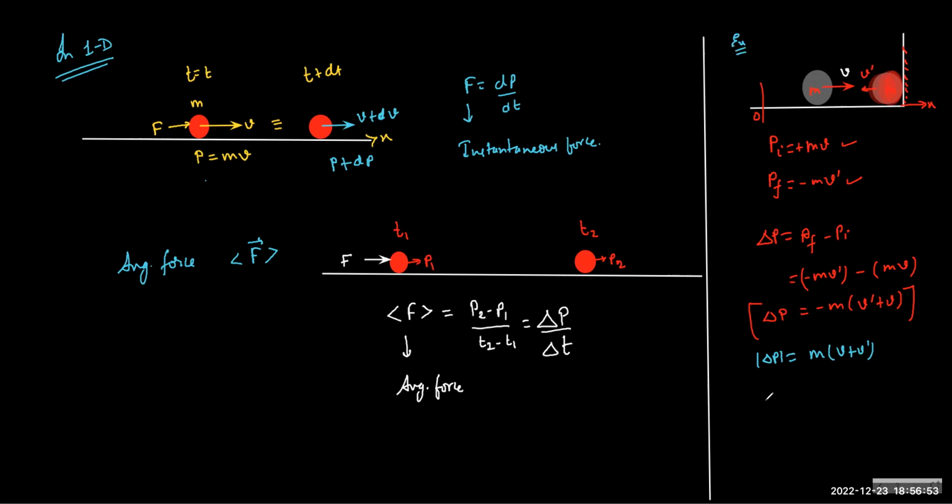Let's say it was in contact with the wall for some time, delta t. Let's say delta t is called the time of impact or duration of impact. That's a better way of saying.